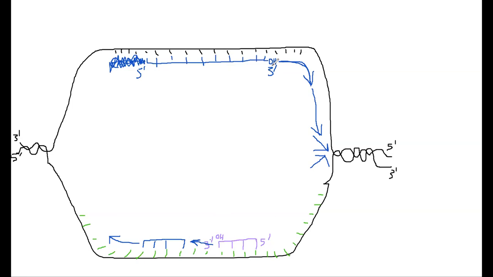Sorry, I should have drawn another primer. There's another little primer here. It will jump back and use another RNA primer to start synthesizing DNA here. So it'll synthesize these very short stretches of DNA, and you can see that there are multiple RNA primers being synthesized, and this will continue on as the DNA is unwound in this direction.